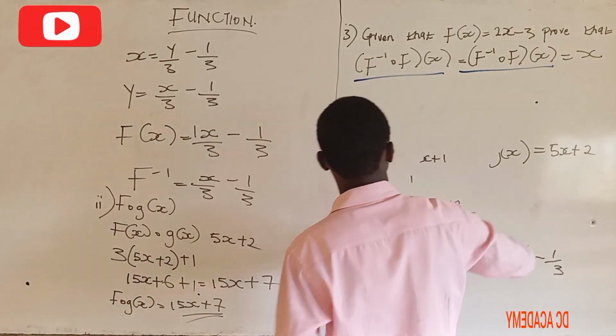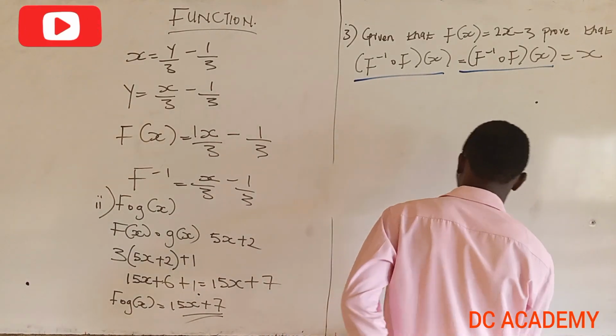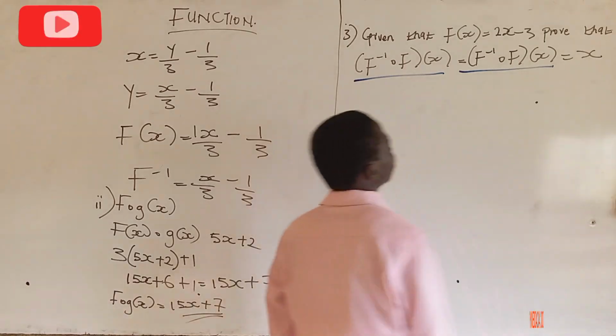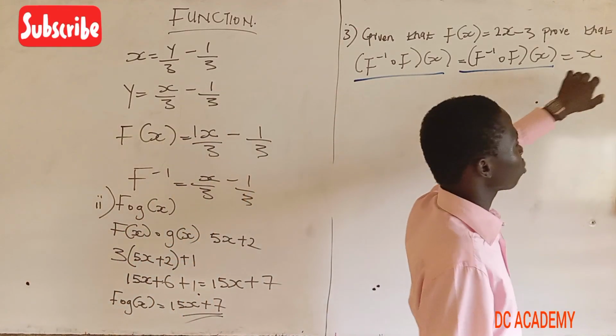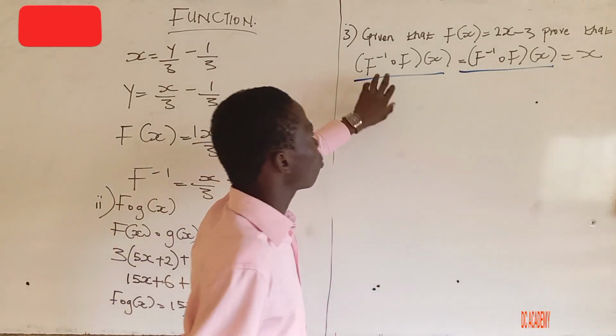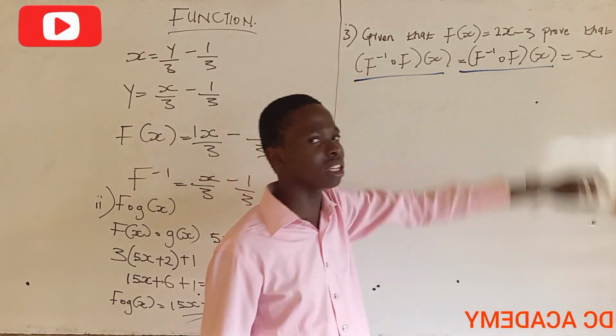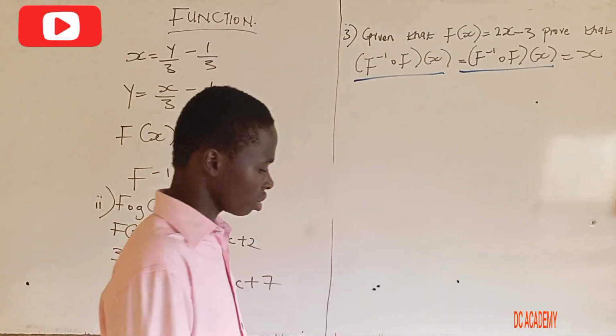So now let's check something. They are asked to prove that this is equal to this and is equal to x. So if you take one and you get x, that means x and x is x. So let's take one of these and work on it.